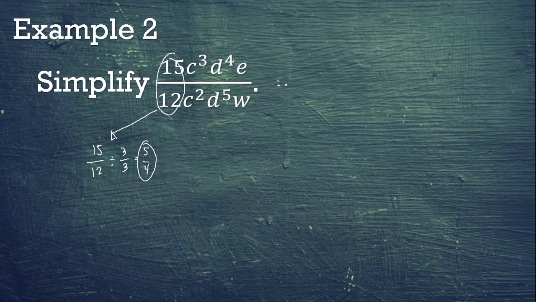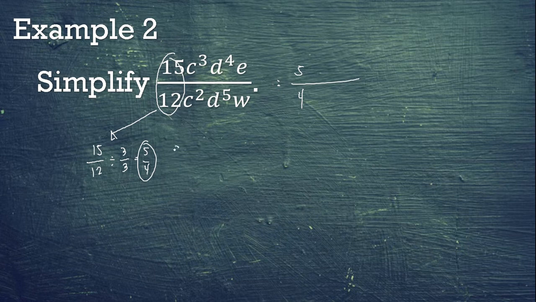Therefore, we have 5 over 4. So I will just write the answers here so that whenever we are done applying the concepts, we can have right away the final answer. Next is c raised to 3 over c raised to 2.